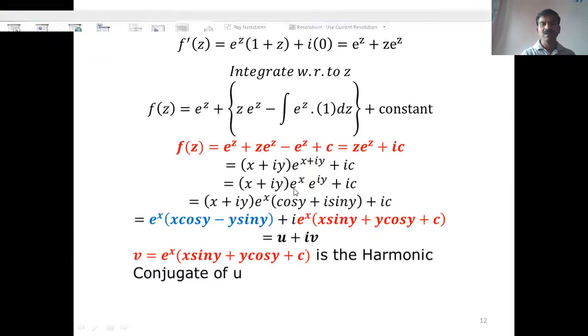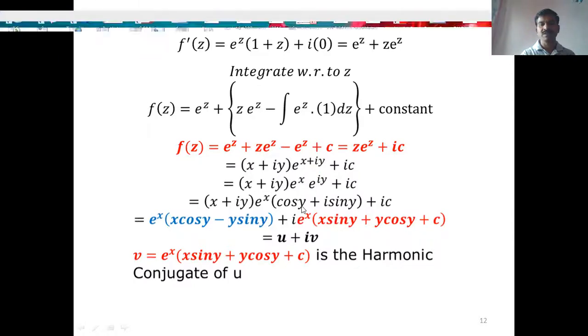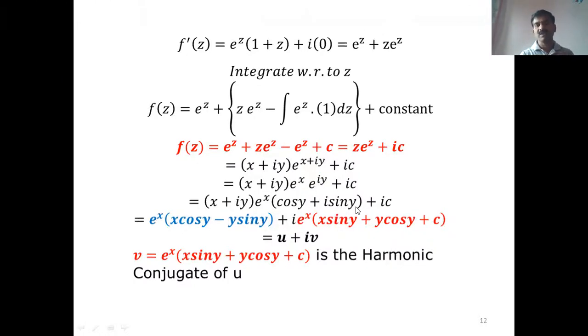And e power iy becomes cos y plus i sin y, plus the integrating constant, which I am taking with the imaginary terms, because we have the real part as given in the problem, so that must be there at the end.